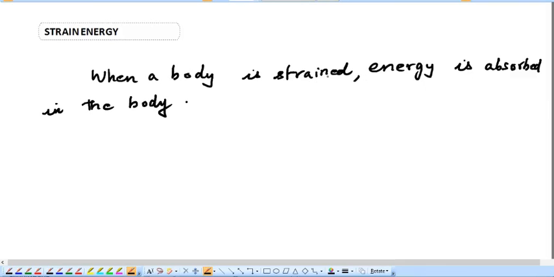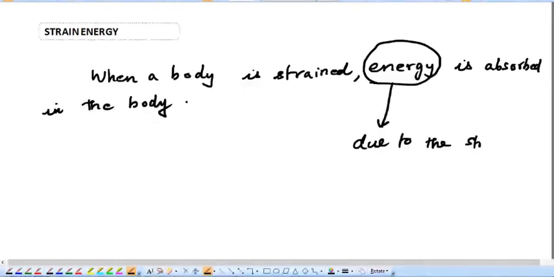This energy, which is absorbed in the body due to the straining effect, is called as strain energy.